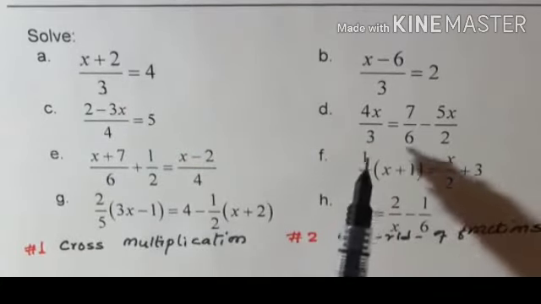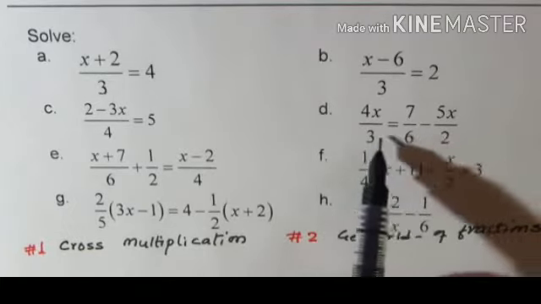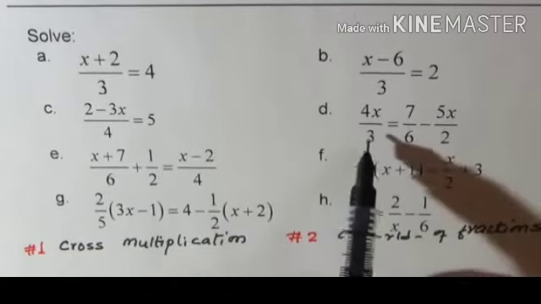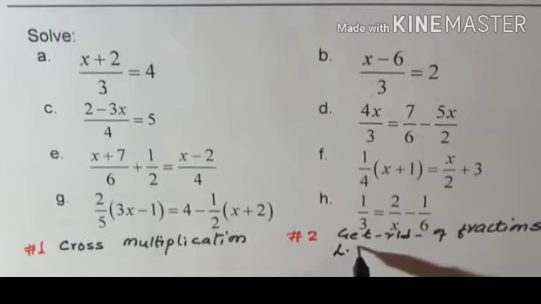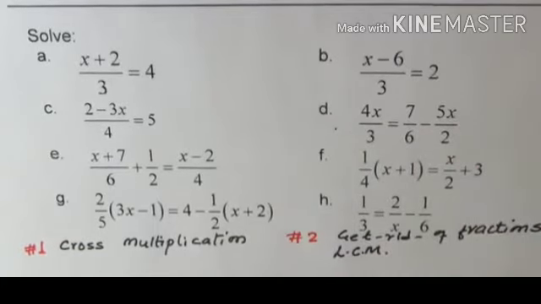Now, sometimes what happens is we have different numbers, right? For example, here we have 3 terms. Here, how do we get rid of fractions? In this case, we'll look for the LCM, the lowest common multiple. We'll multiply both sides by the lowest common multiple.